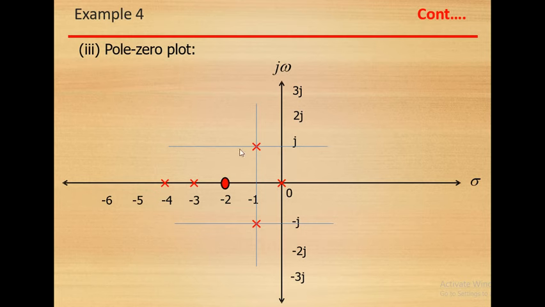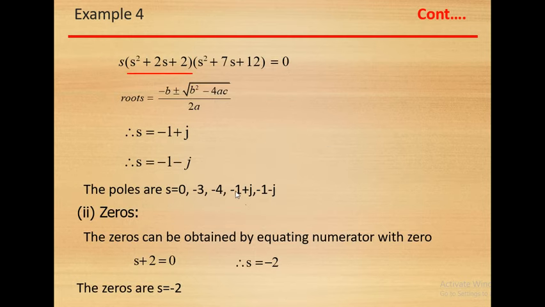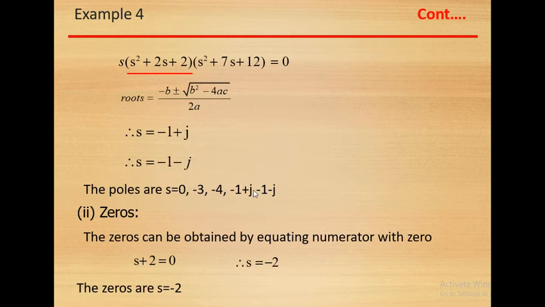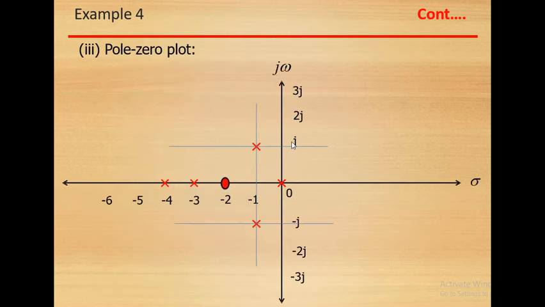But here it is -1 and plus j. So let us locate the real value first, that is -1. So -1 will be here, and I can take this -1 for the x-axis, and the imaginary axis is plus j. By the combination of this and this, somewhere I will get pole number 4 here, which is given by a cross.